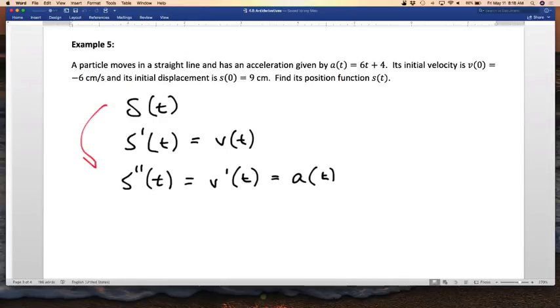So this is the process of differentiation, working from the position function to the acceleration function. Working from the acceleration function up to the position function is antidifferentiation. So when we know something about its acceleration and velocity, we can work backwards to find its position, which is what we're going to do here in example 5.